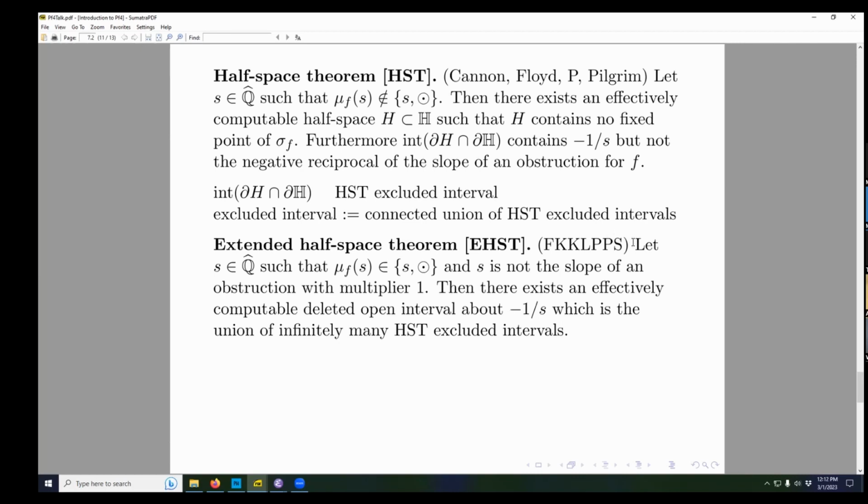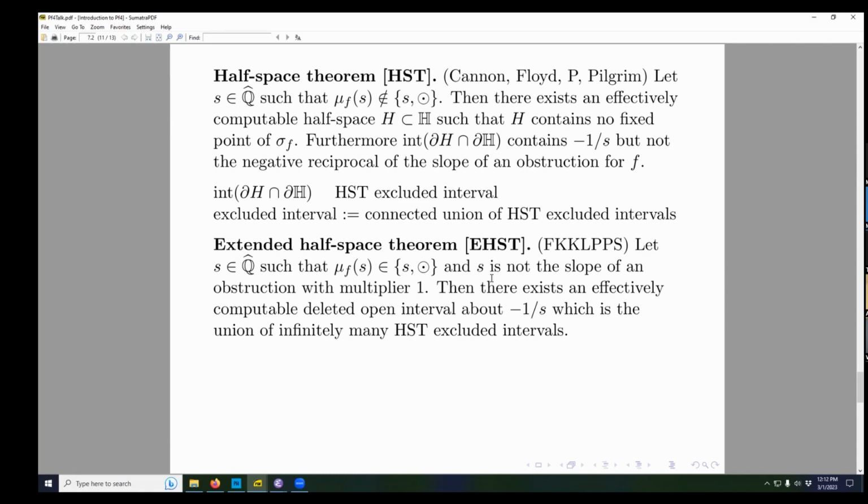It goes as follows. Let's let S be an extended rational number for which the slope function takes S to either S or the non-slope. It's the complementary situation of what we had up above, with the proviso that now S is not the slope of an obstruction with multiplier 1. These can be bad guys.